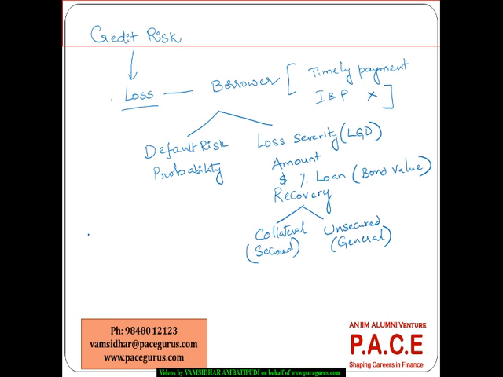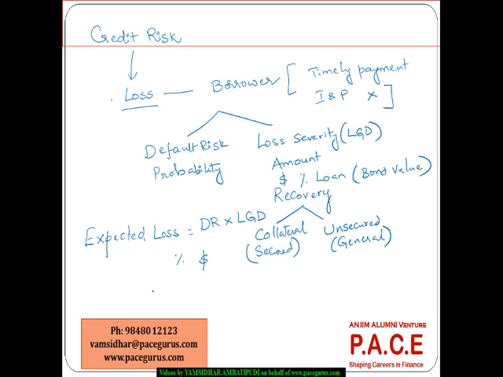In general, the multiplication of these two is sometimes called expected loss. Expected loss is nothing but the default risk multiplied by the loss given default. Again, this could be expressed in percentage terms or in dollar terms.